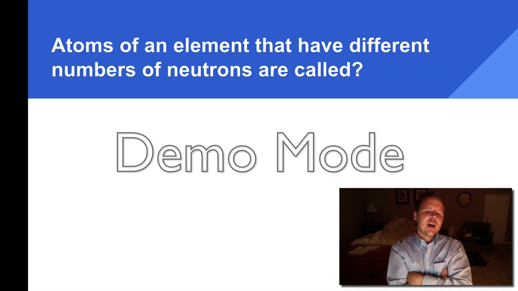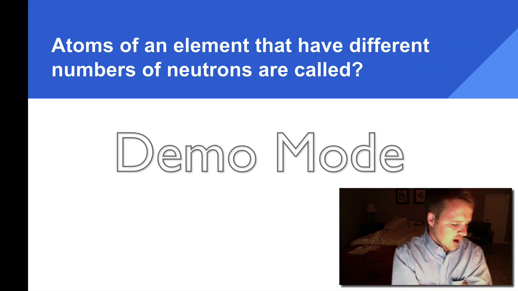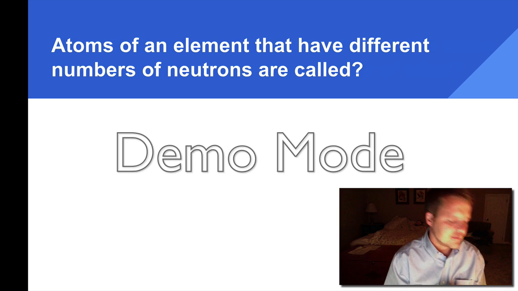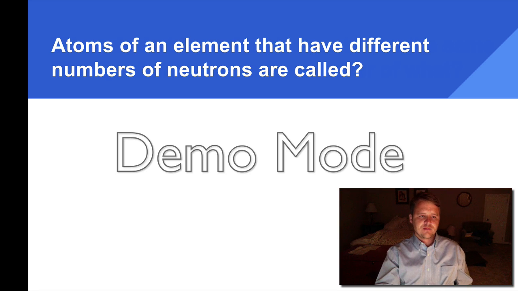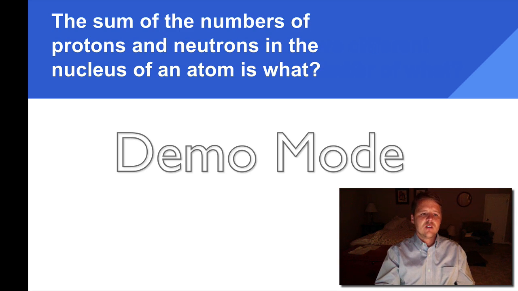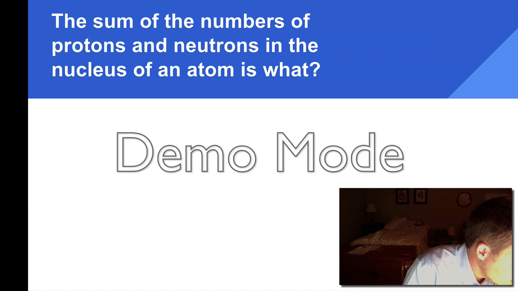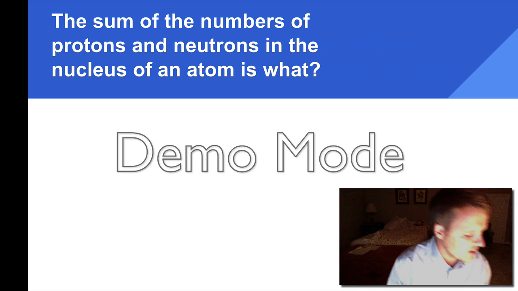Atoms of an element that have different numbers of neutrons are called isotopes. The sum of the numbers of neutrons and protons is called what? The mass number.